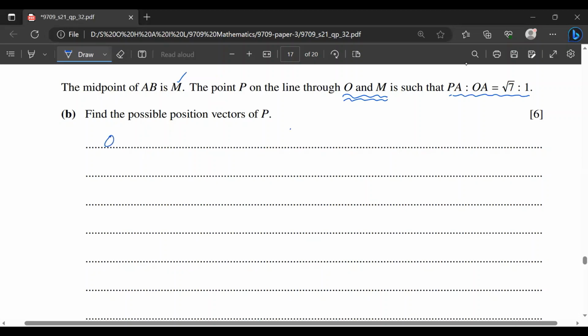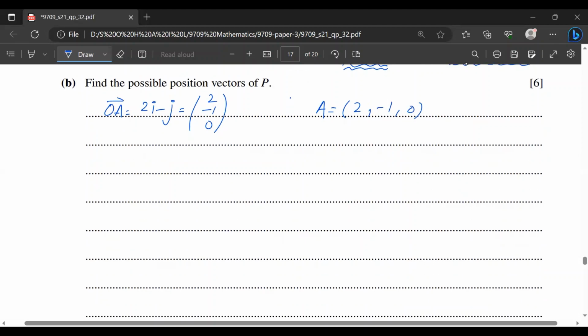Well, simple. You're given the OA vector. The position vector of A is given. This was 2i minus j, or 2, minus 1, 0. If this is the position vector of A, then point A has the coordinates 2, minus 1, 0. You may do this directly or you can do this by first finding the points.